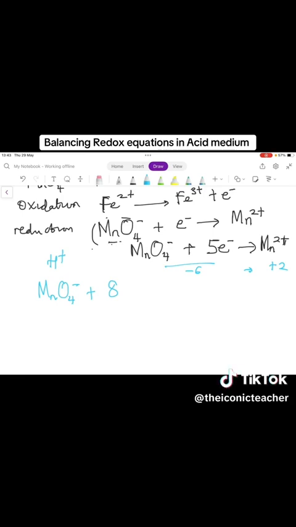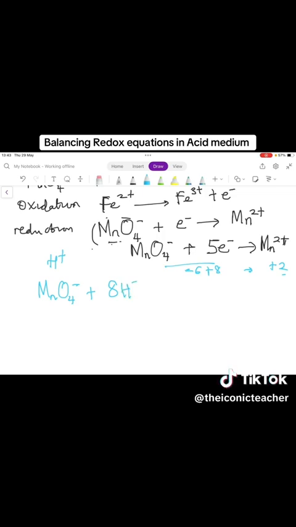We have -6 here and +2 here, and I want the charges to be equal. So to make the charge equal, I will introduce a charge of +8, and that will give us +2.